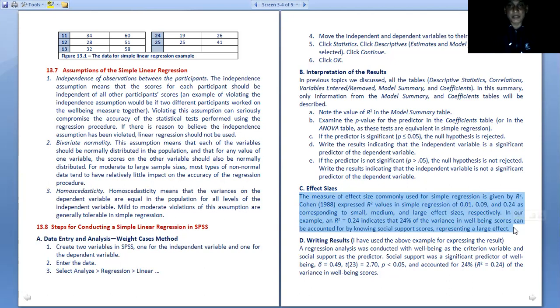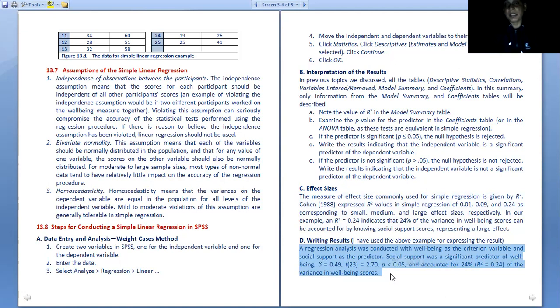And how are we going to write the result? That's very important. A regression analysis was conducted with well-being as the criterion variable and social support as the predictor variable. Social support was a significant predictor of well-being. Beta is equal to 0.49, and t within brackets df equal to 23, that is 25 minus 2, and the value is 2.698, which I've rounded off to 2.70. P value is less than 0.05.